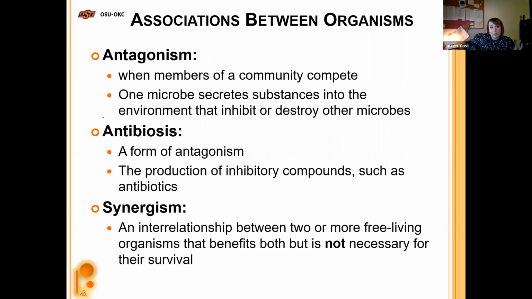That would be an example of antagonism. Antibiosis is a form of antagonism where we have the production of inhibitory compounds like antibiotics, like the mold does. If you grow mold on a plate, it might produce natural antibiotics to prevent the growth of bacteria into its habitat.